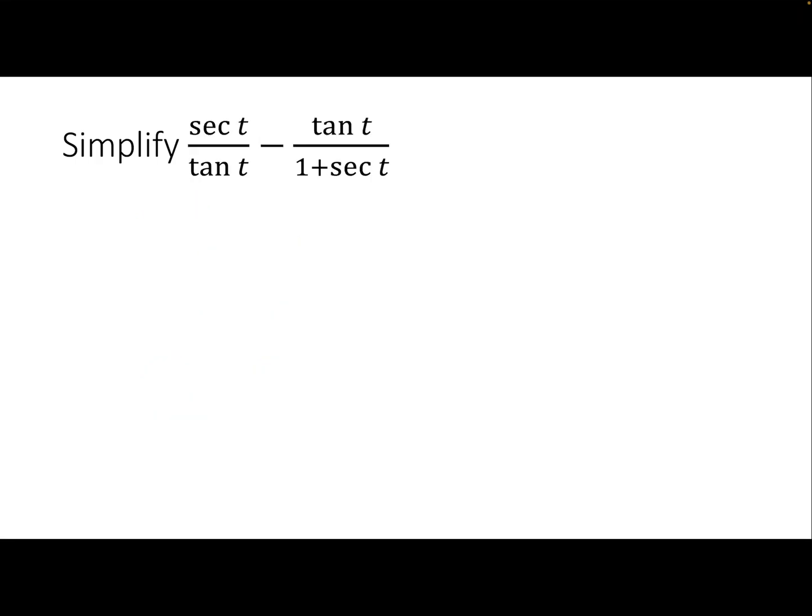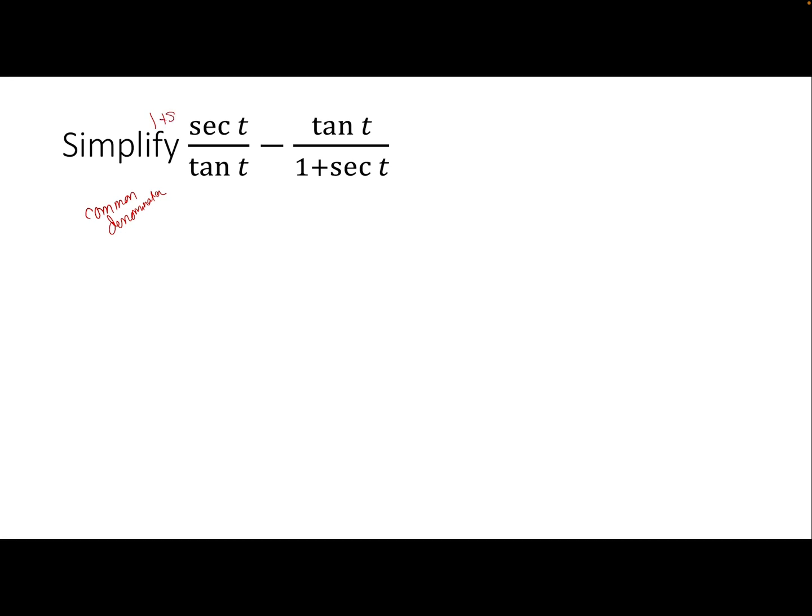All right, to simplify this particular problem, we have a secant of t over a tangent of t minus a tangent of t over 1 plus the secant of t. So let's do the same thing. Let's get a common denominator. And that means that we'll be multiplying the numerator of our first term by the denominator of our second.